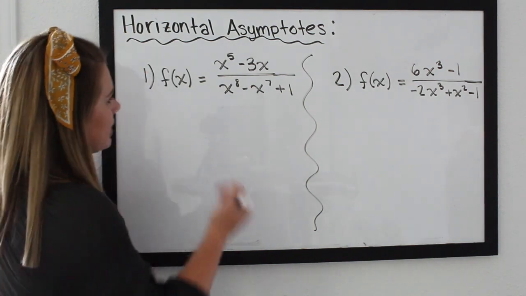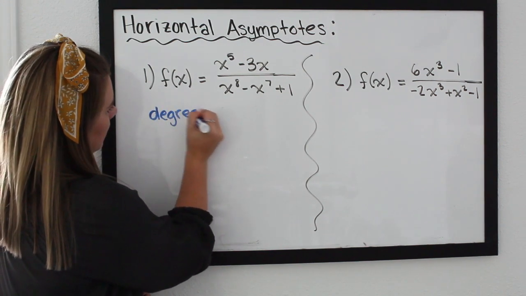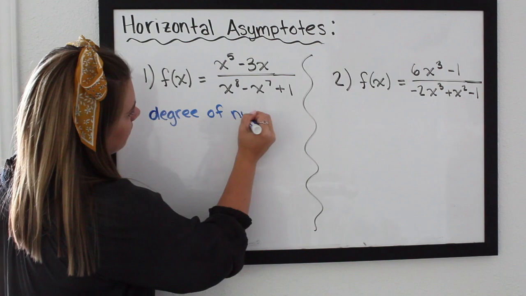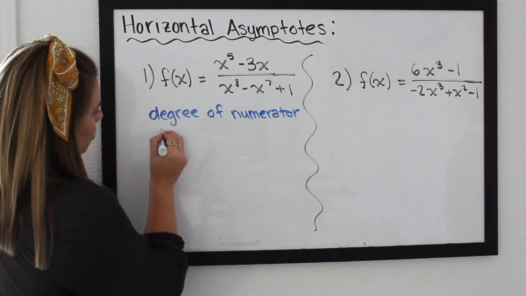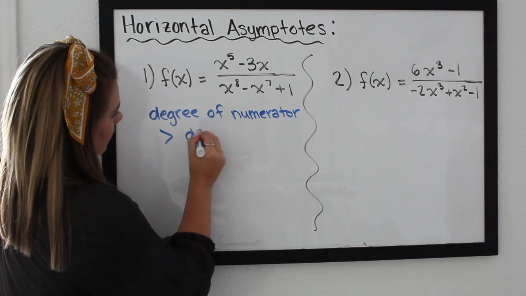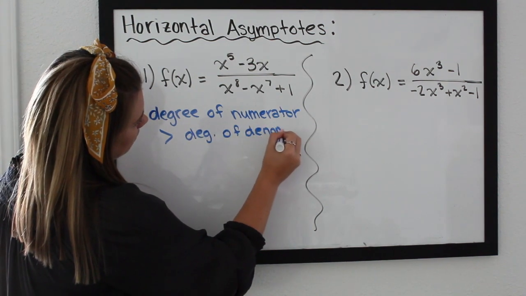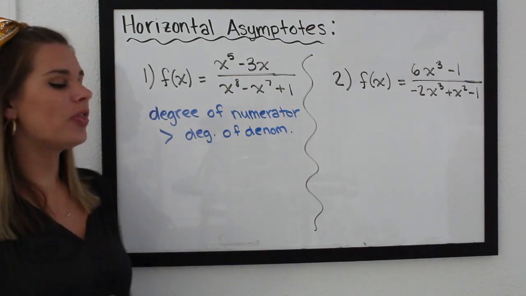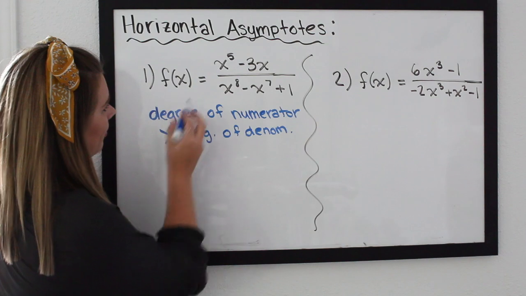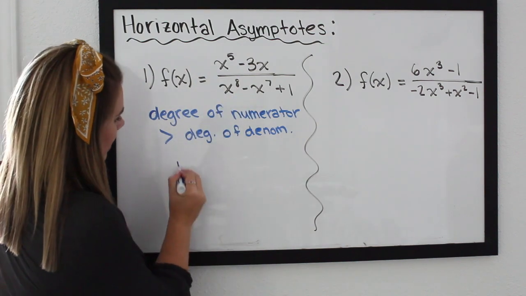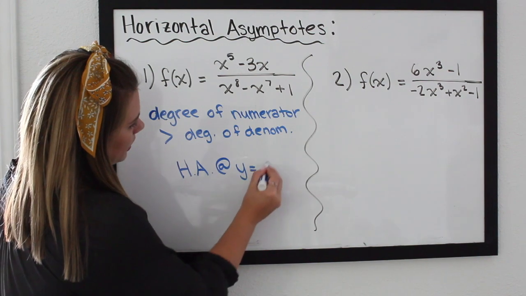So in this case, the degree of the numerator is less than the degree of the denominator. Okay, so that means, based on our rules, that this f of x has a horizontal asymptote at y equals 0.